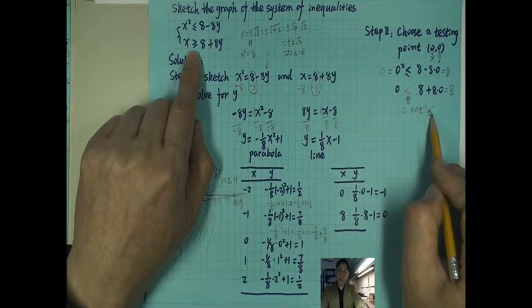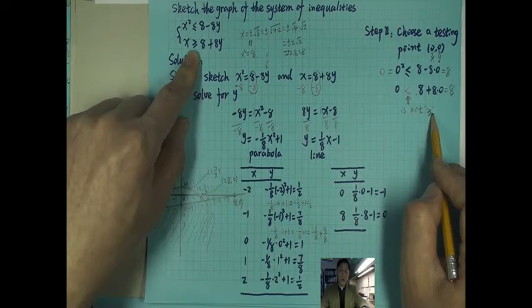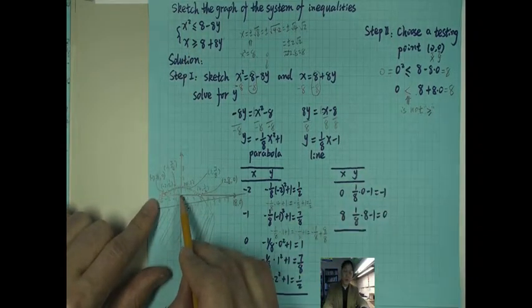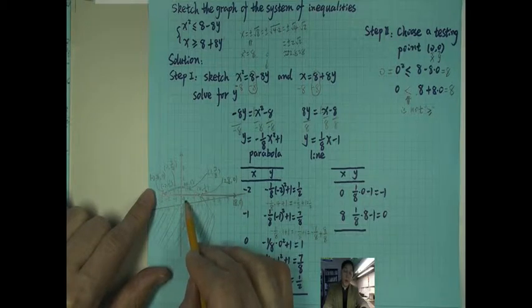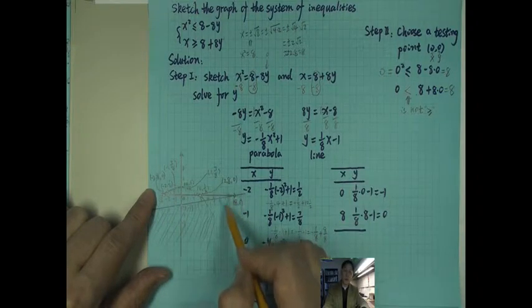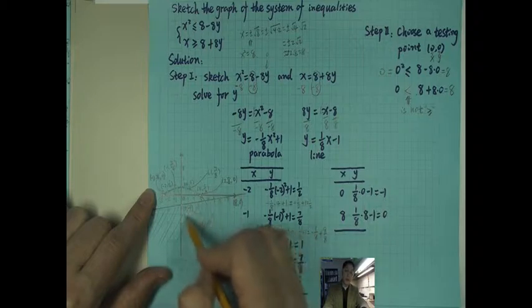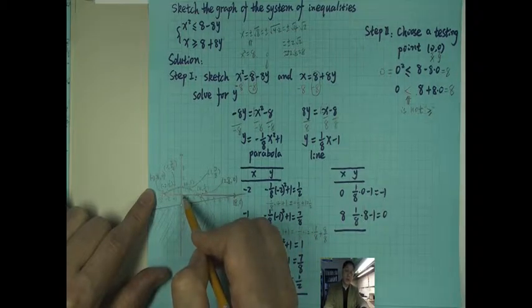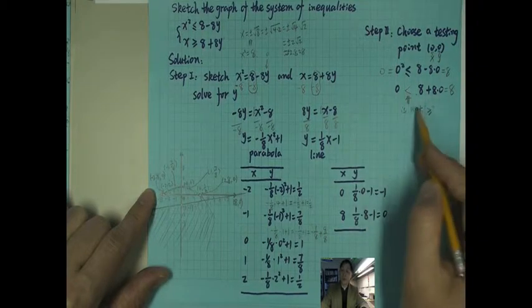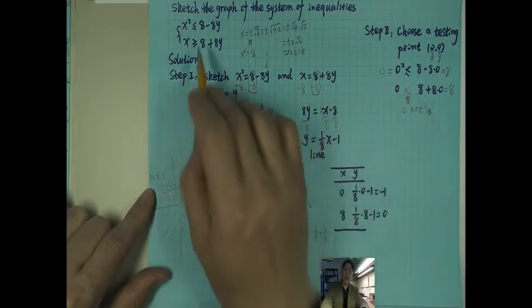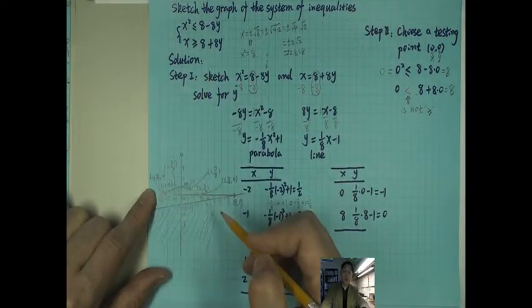Okay? That means for this line, you shouldn't mark the side including 0. You should mark the other side of the origin, instead of the side containing the origin. You should mark the opposite side if it doesn't satisfy the inequality.